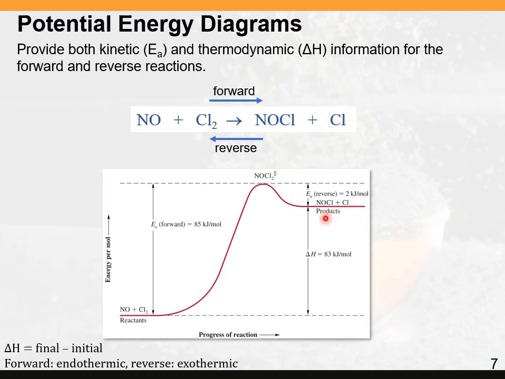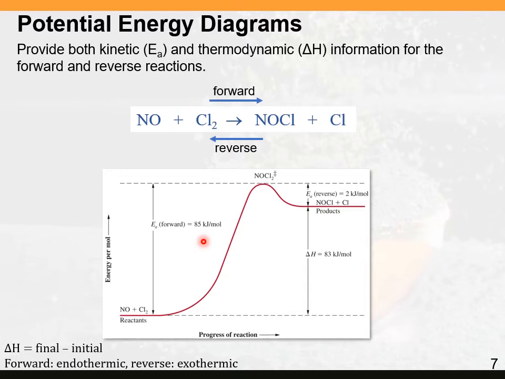The energy difference between the highest point, called the transition state, and the reactants is the activation energy of the forward reaction. Going forward, this is the barrier that must be overcome. The difference is, for this example, 85 kilojoules per mole. This is the kinetic information we get from the potential energy diagram.